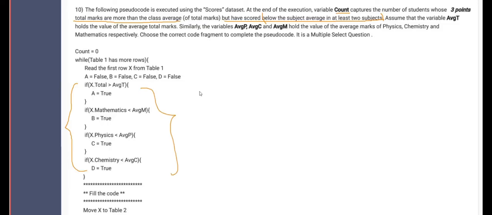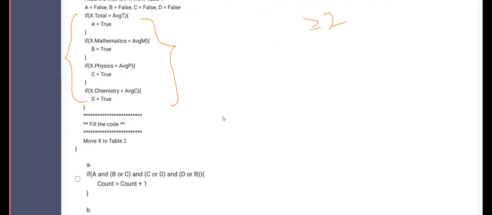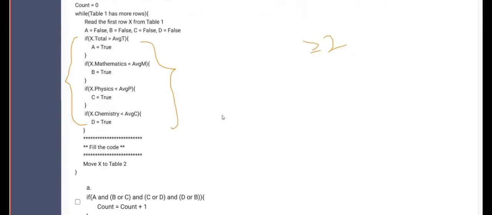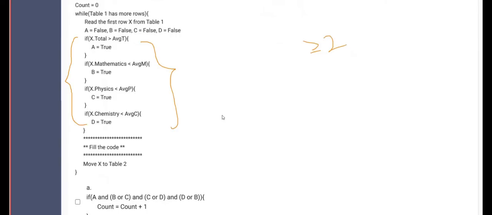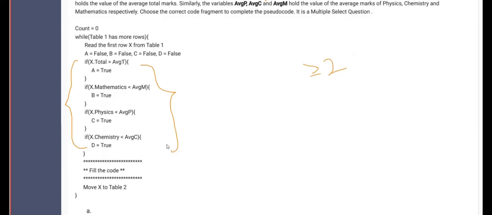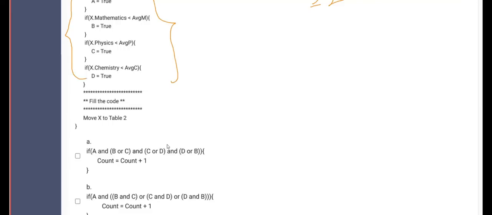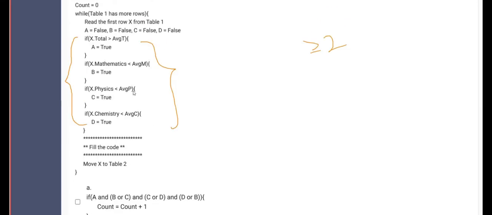So what do we need to do? We will have to find out these relations. In at least 1, right? In at least 2, that means greater than or equal to 2. If A and (B or C), if A, what is A?